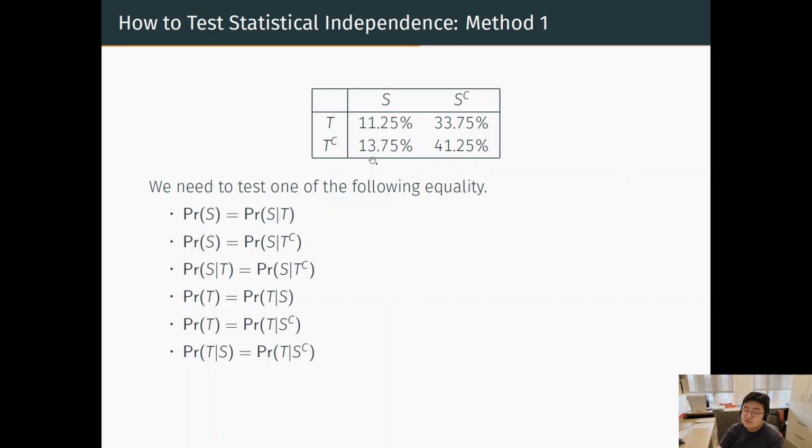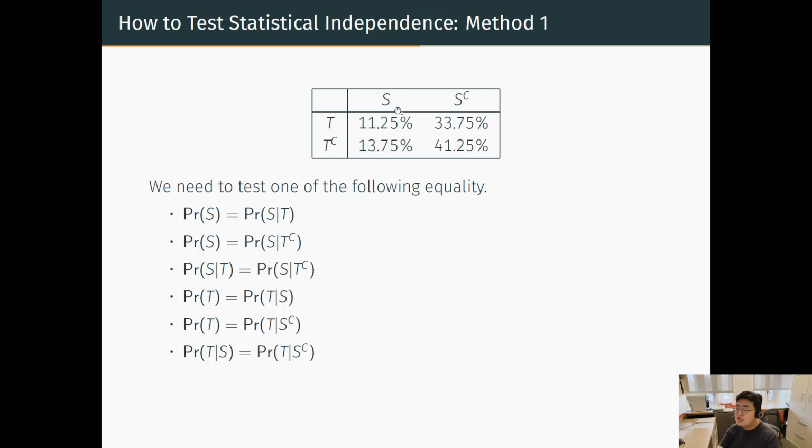Back to our example. You may think about one of these six, using T as the condition or using S as the condition, and choosing any equality pair. Whatever you like among the six, but you have to change the condition while fixing the main event.